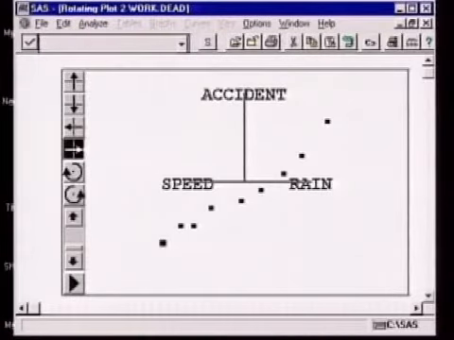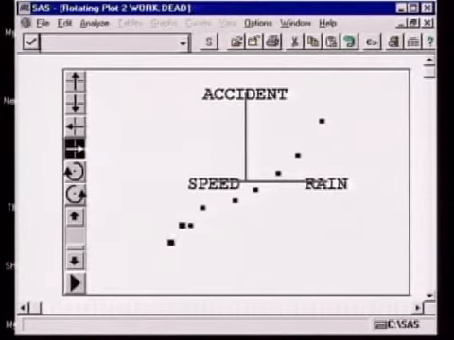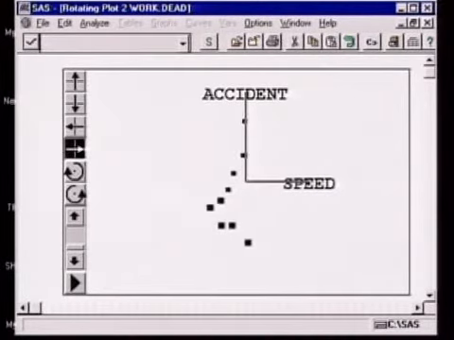So far, we've thought about two-dimensional visualization, such as scatter plots and time series plots. But if we can add more dimensions to our graphs, we can picture even more. Computer programs are now good at generating three-dimensional graphics or plotting surfaces which can be rotated easily. Here's a picture of the rainfall, speed, accident data we talked about a bit earlier. Let's rotate the data cloud a bit. In doing so, we see the accident speed link.